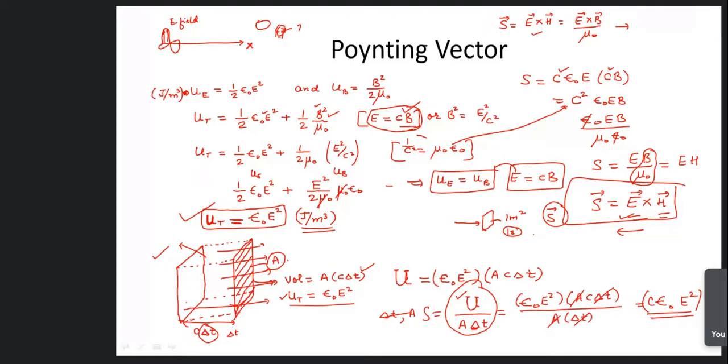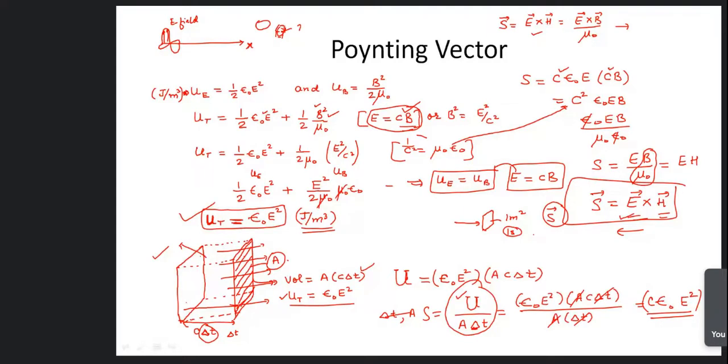So the magnitude of the Poynting vector gives you the energy propagating per unit area per unit time. Whenever an electromagnetic wave propagates in a medium, the energy that flows through unit area in unit time is the Poynting vector. So we started with the basic definition.